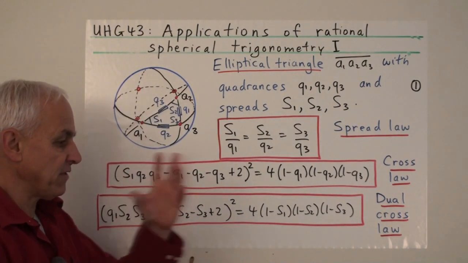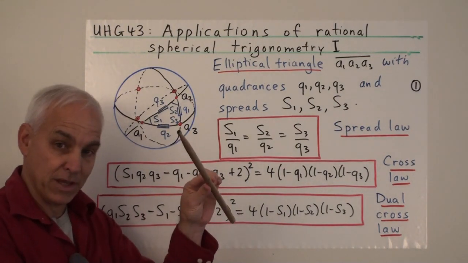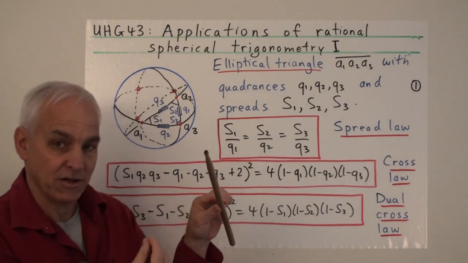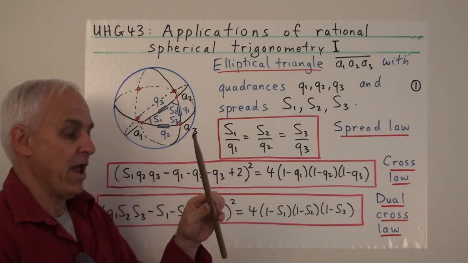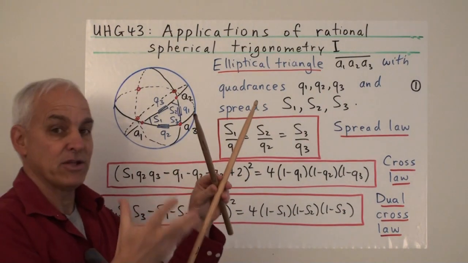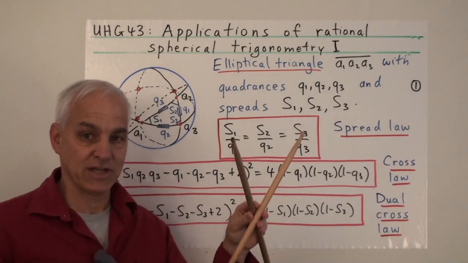It's really that line through the origin which is the projective point that we're interested in. And we have maybe 2 lines, and then if we have a third line, then that's really an elliptic triangle. That's really the main object of study here.